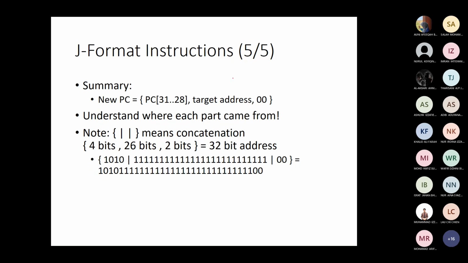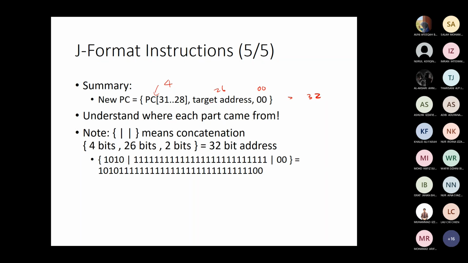In summary, let's say the new PC has an address from bit 31 to 28. The first 4 bits are taken from the PC, and then we combine with the target address, which is 26 bits, and then add 2 bits of zeros. Then you get a complete 32-bit address that they need to jump to.